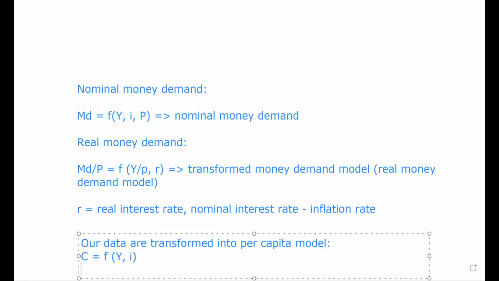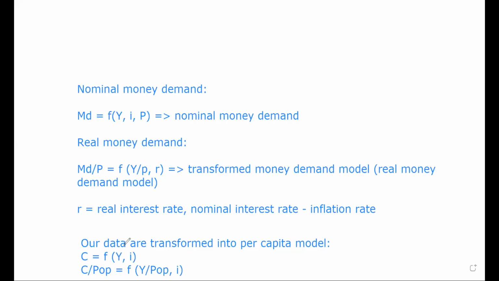But here we have consumption over population, equal to a function of Y over population and interest rate. But we cannot divide the interest rate by the population. Only consumption per population, we get consumption per capita. Income over population, we get income per capita.